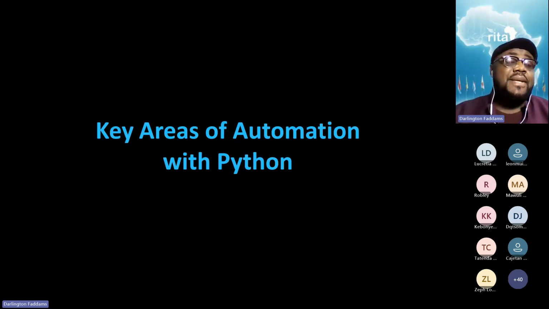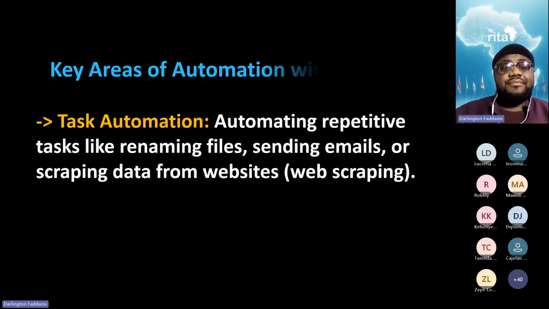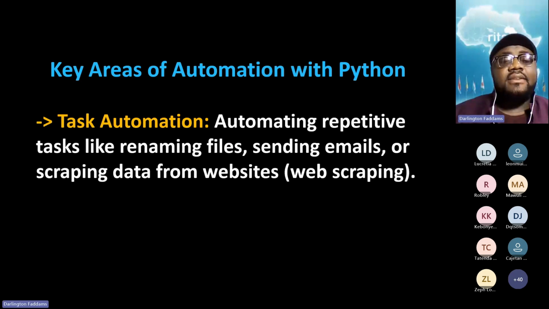So I'll talk about some key areas where we can use Python for automation. One area is called task automation. When we say task automation, we are simply talking about automating repetitive tasks like renaming files, like I mentioned, which we'll be doing in class, like sending emails or scraping data from websites.